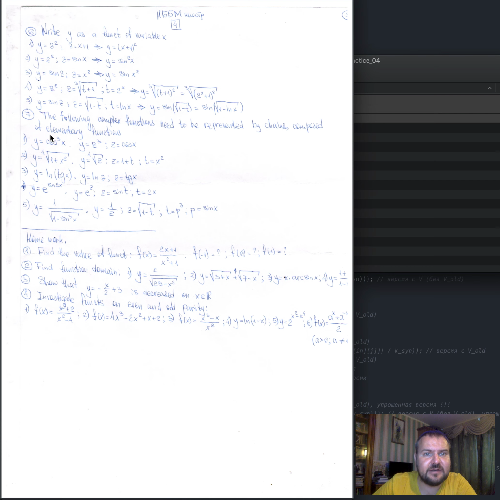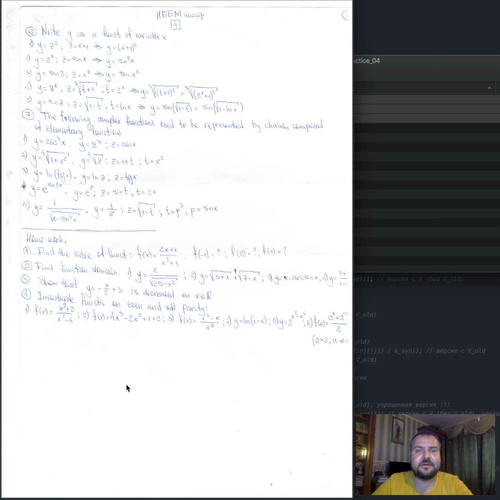Second case, y is the fourth root of 1 plus x squared. And we write y is the fourth root of z, where z is 1 plus x squared, where x squared is t. And so the same example, I don't want to read this.